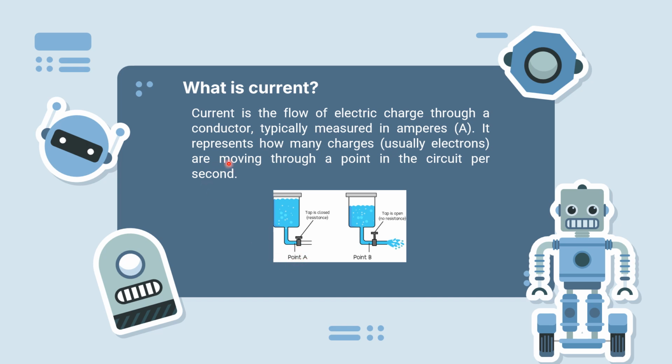So the combination of these three, I mean the voltage, current, and resistor, is a very important law for us. We call it Ohm's law.